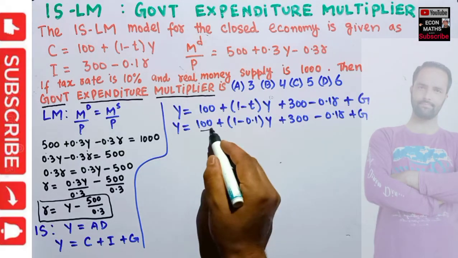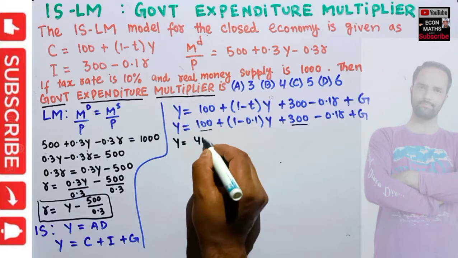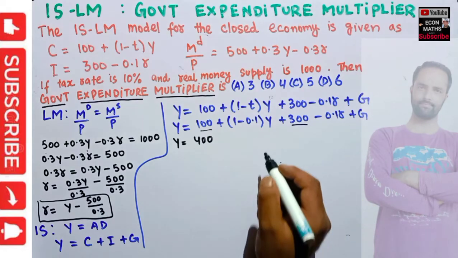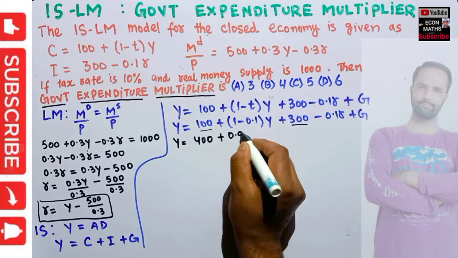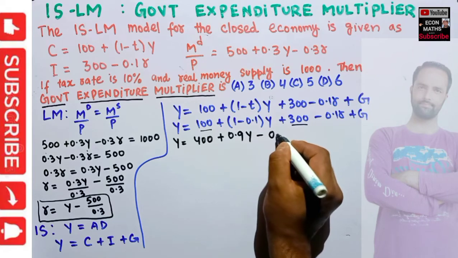So 100 plus 300 is 400, so I will write here 400 plus 1 minus 0.1 is 0.9 y, then we have minus 0.1.